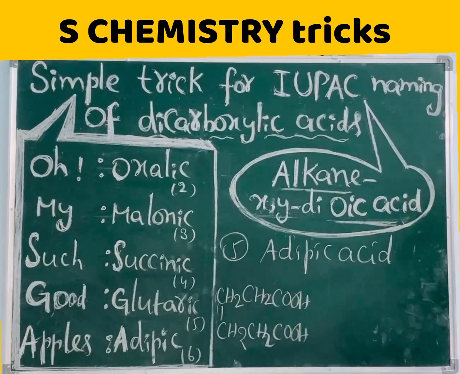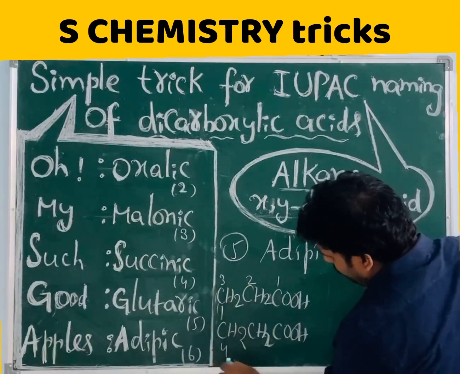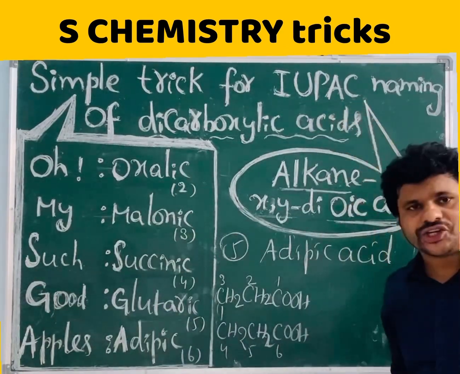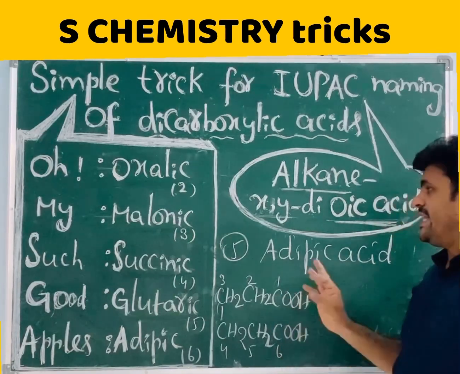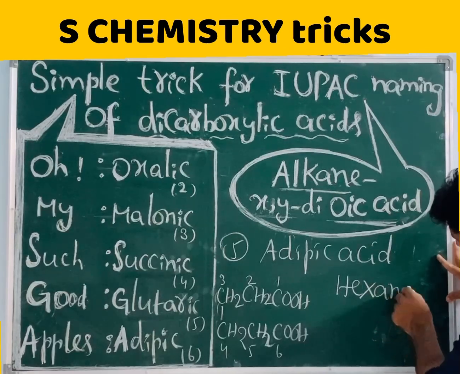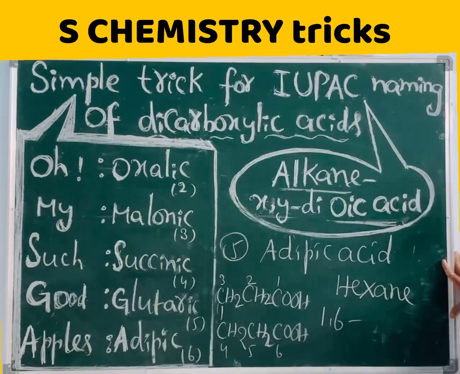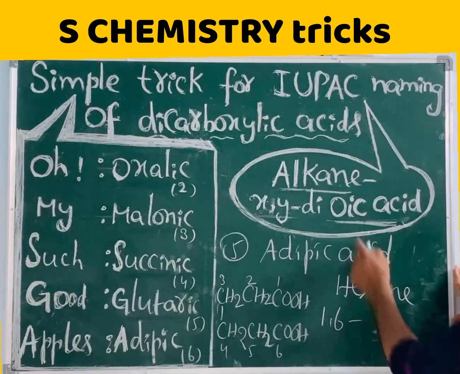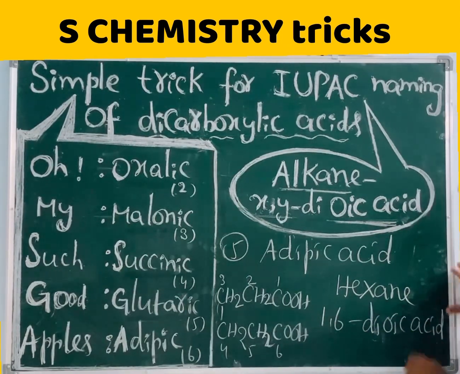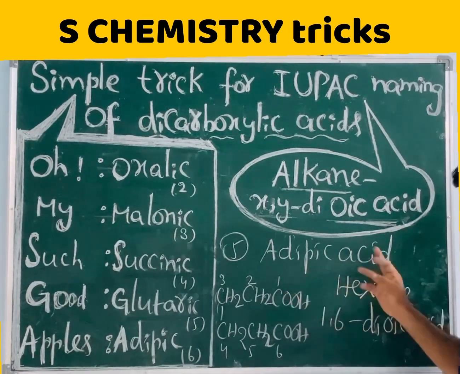So there are 6 carbon atoms present, and the numbering is 1, 2, 3, 4, 5, 6. According to IUPAC nomenclature, 6 carbon atoms indicate the root word hex plus ane, hexane, with X value 1 and Y value 6. So hexane 1, 6 dioic acid is the IUPAC name of adipic acid.